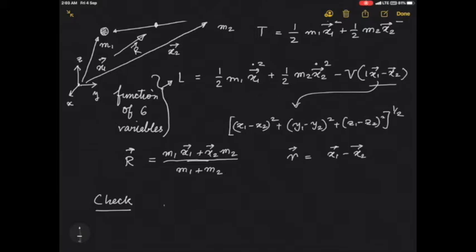Not doing the intermediate steps, you will see that I can write this in the following way: half capital M R dot square, plus half small m r dot square, minus V of mod r.